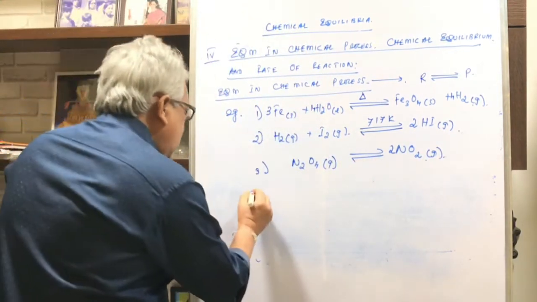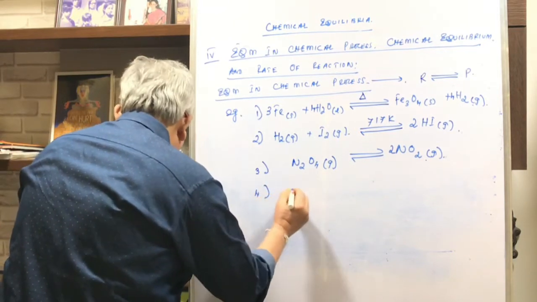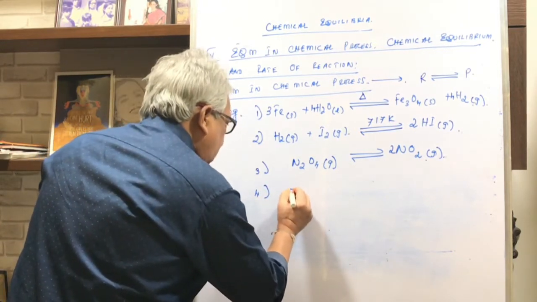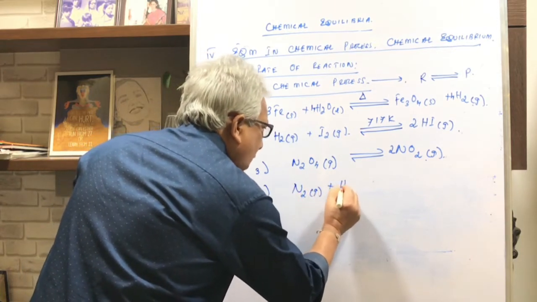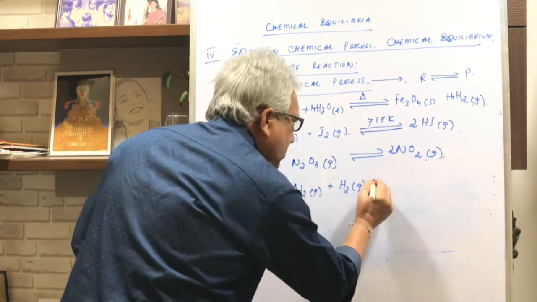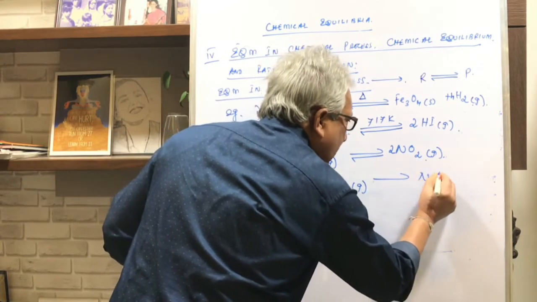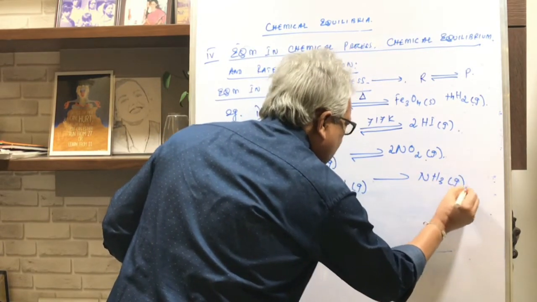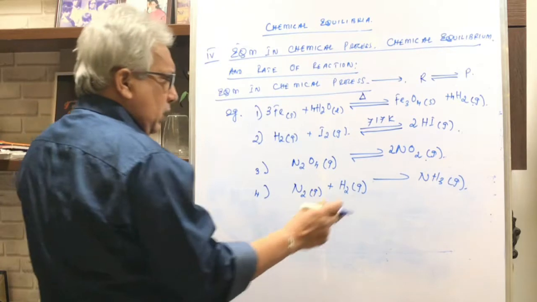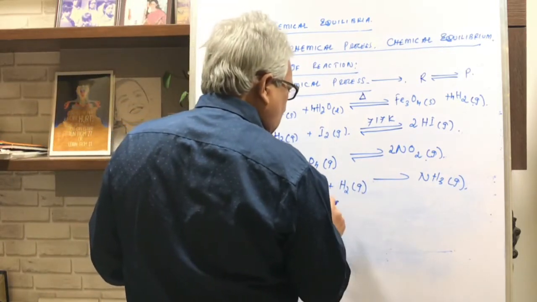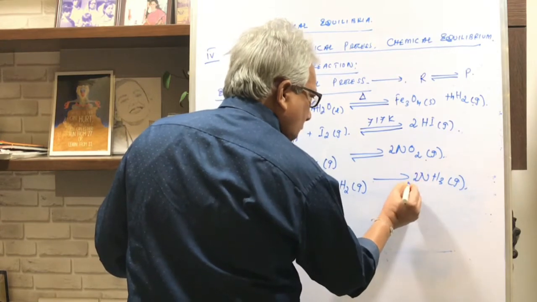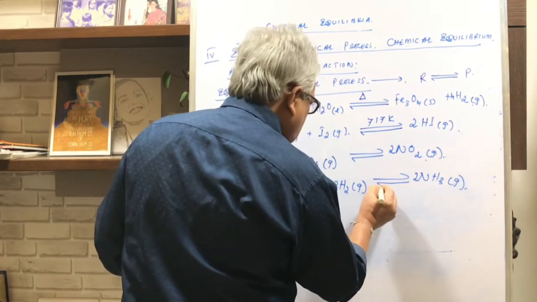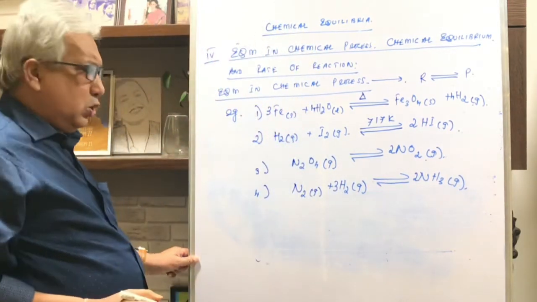The fourth example is a very famous one, nitrogen gas plus hydrogen gas in the Haber's process gives you ammonia gas, and for balancing it will be 3H2 and 2NH3, and then NH3 decomposes to give us N2 and H2.